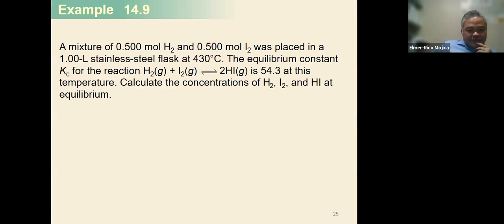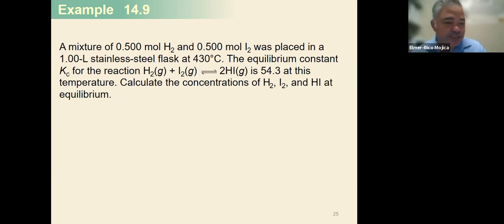So you have here a mixture of 0.5 moles H2 and 0.5 moles I2 placed in a 1 liter stainless steel flask at 430 degrees Celsius. The equilibrium constant for the reaction H2 plus I2 in equilibrium with 2HI is 54.3 at this temperature. So calculate the concentrations of H2, I2, and HI at equilibrium.